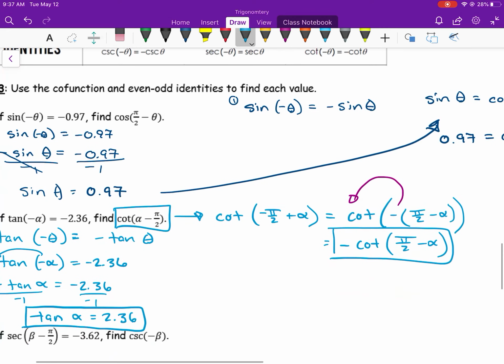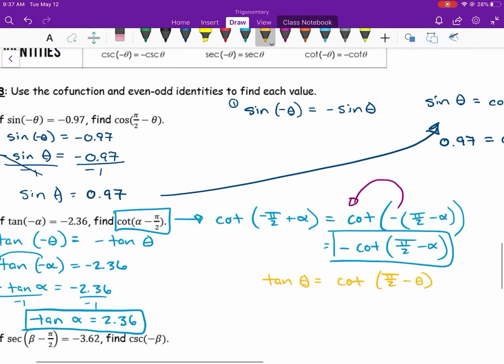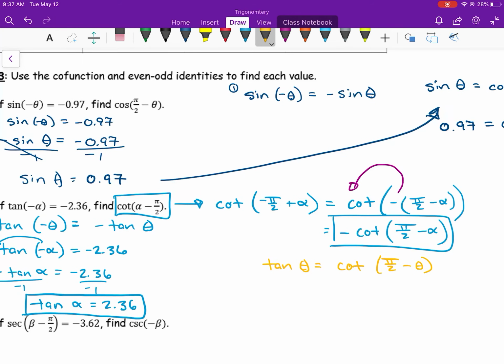Here we have this boxed result and my cofunction rule at the top. Tangent of theta is equal to cotangent of pi over 2 minus theta. So let's substitute what I know. I know tangent of theta, or tangent of alpha, is 2.36.